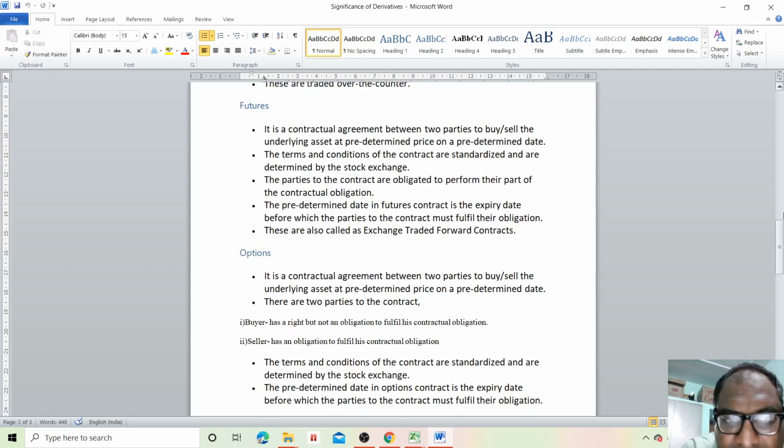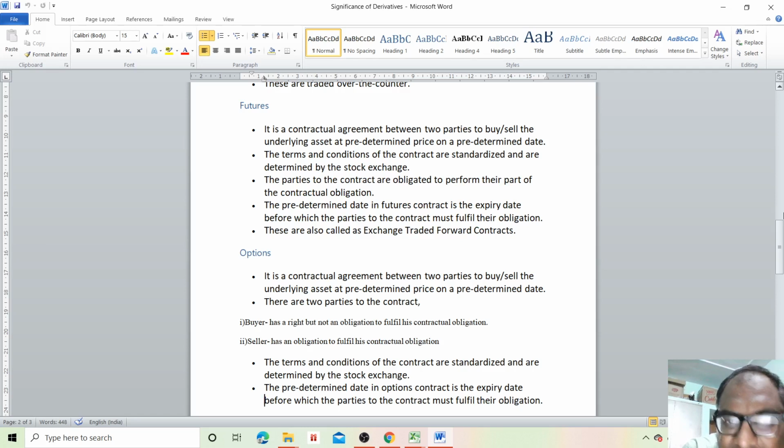Future. It is a contractual agreement between two parties to buy or sell the underlying asset at a predetermined price on a predetermined date. The terms and conditions of the contract are standardized and are determined by the stock exchange.